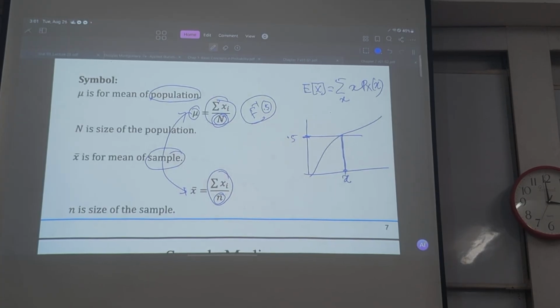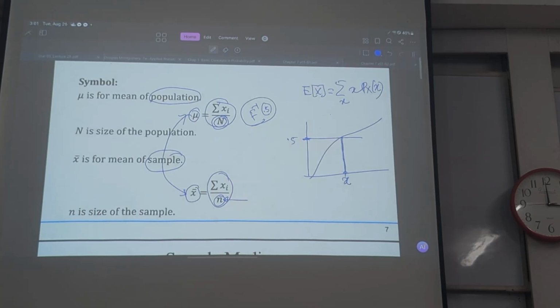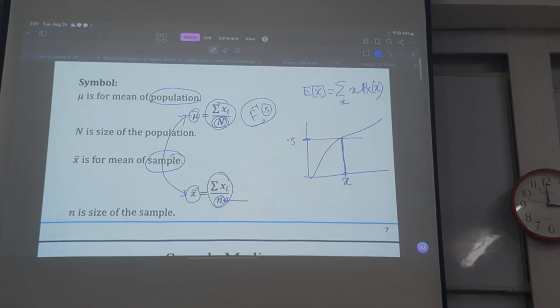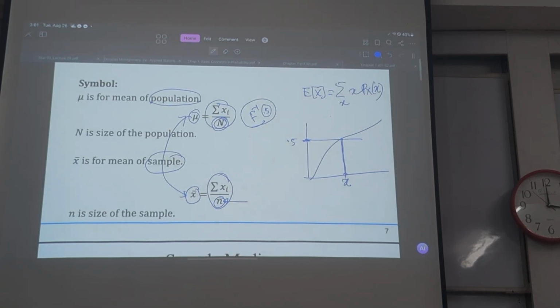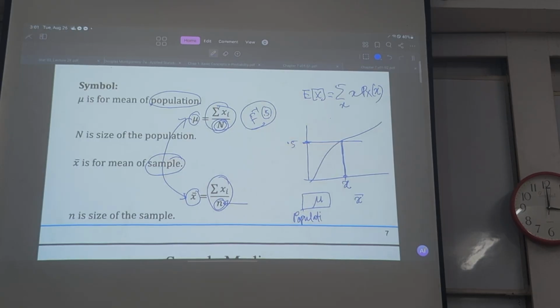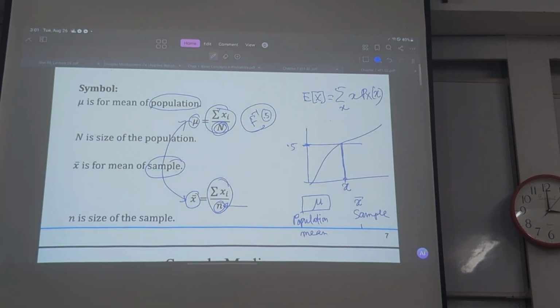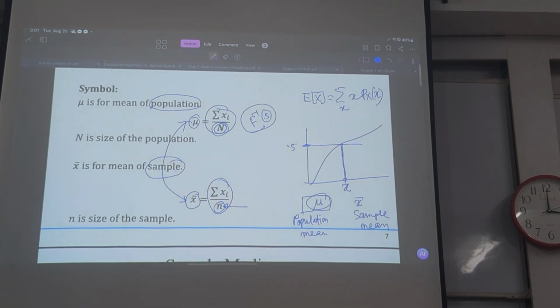For example, the population mean of the height of IIT students will be the average height of all IIT students. But this one is based on a sample of size small n; you can collect a sample of 15, 20, 30, 50 students and measure this one. So we differentiate these two terms as population mean and sample mean. Whenever we consider the parameter mu, we are considering the population.